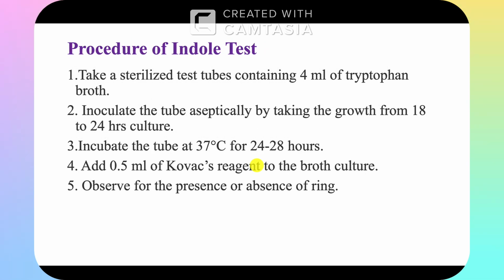How can I do this test? It's very important to inoculate the E. coli on nutrient broth in the tube the day before the test, and incubate for 24 hours at 37 centigrade.